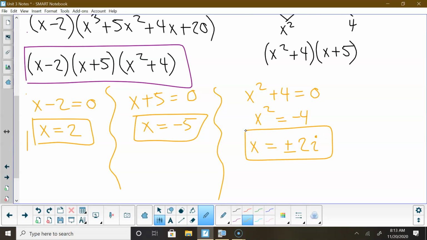Do I have 4 zeros? Yes. Because remember, this is technically 2 of them, so this counts as 2. One, two, three, 4. Ta-da! Good deal? Because that's literally all you're doing on that homework.